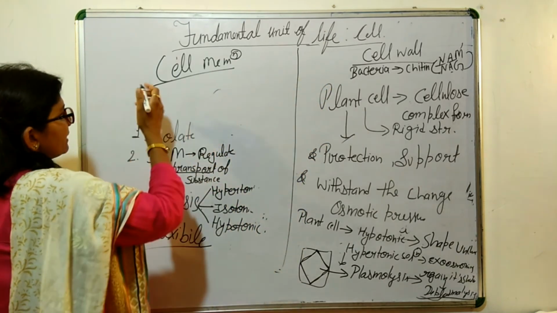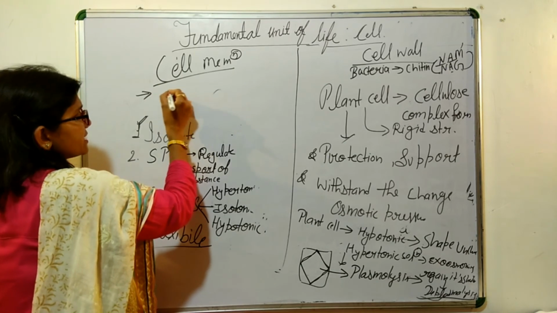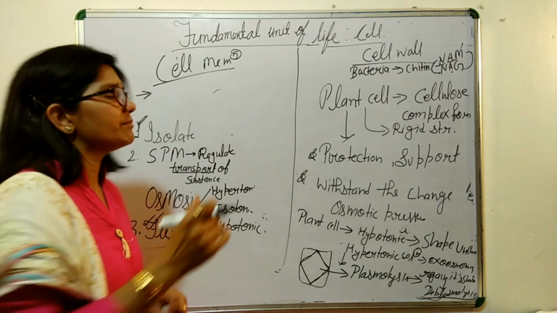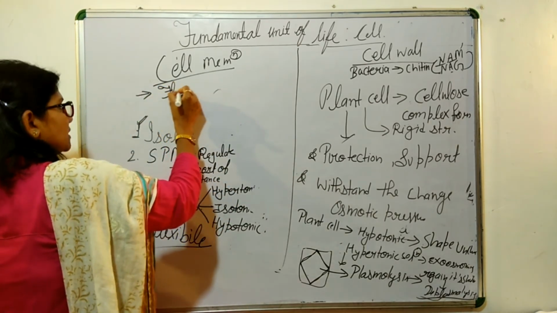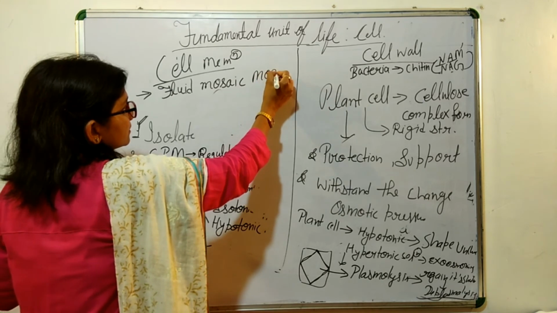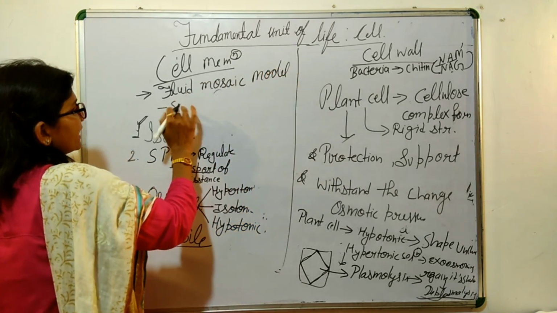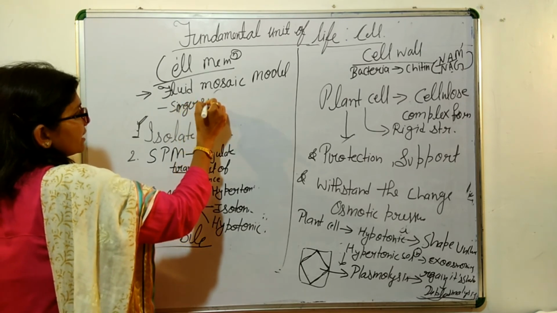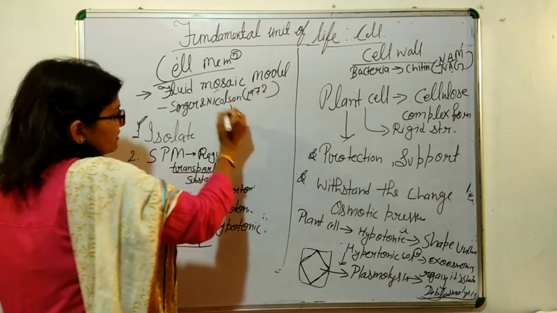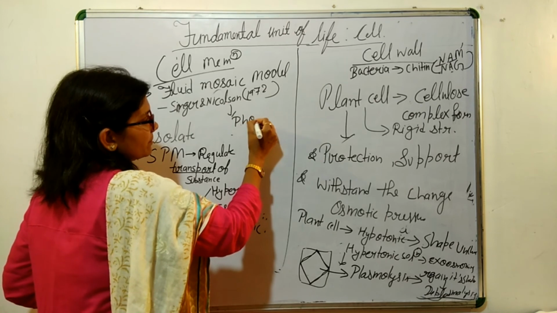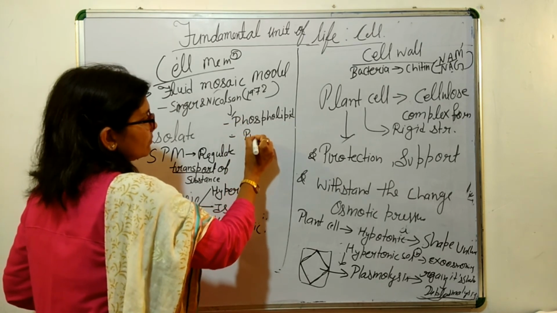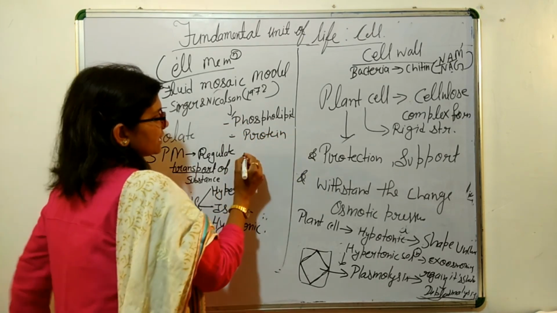About the cell membrane, one more very important thing is its structure. The most accepted model of the cell membrane is the fluid mosaic model, proposed by Singer and Nicolson in 1972, in which they said that it is made up of phospholipid and protein molecules, and the structure is something like this.